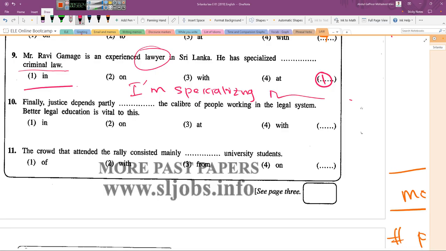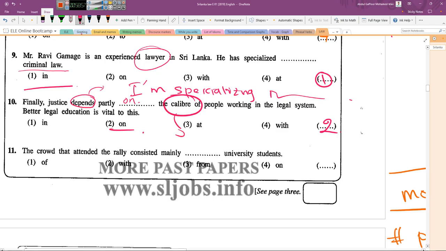Okay, moving to the next question. Finally, justice depends partly, right? So if the word depend comes, the preposition will be nothing but on, right? So on is the answer too. Now we will try to understand the meaning of this sentence. Finally, justice depends partly on the caliber of people working in the legal system. Now what is caliber? Caliber is standard, right?